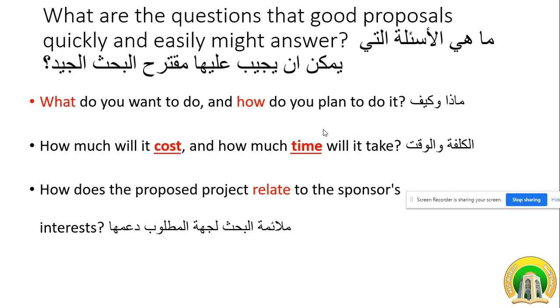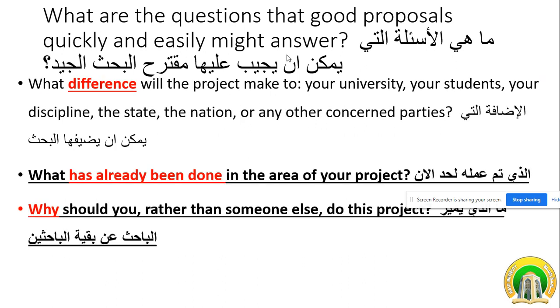This is also another important question that you need to prepare. Also, they will ask you about the difference that your project would make to your university, the institute that you work in, or your student, your discipline, state, the nation, or any party that has some relation with your proposal.